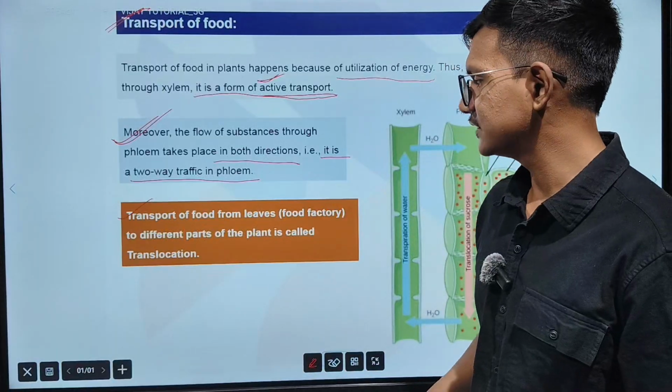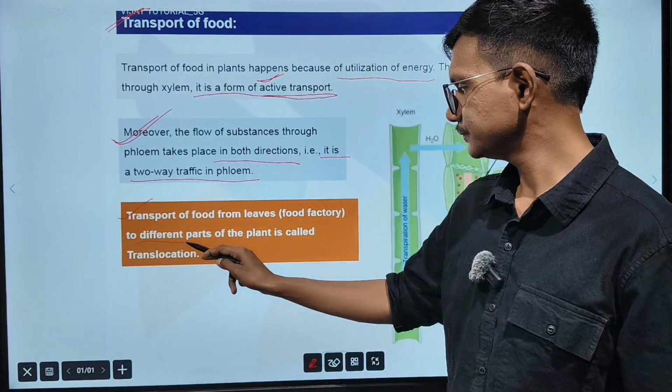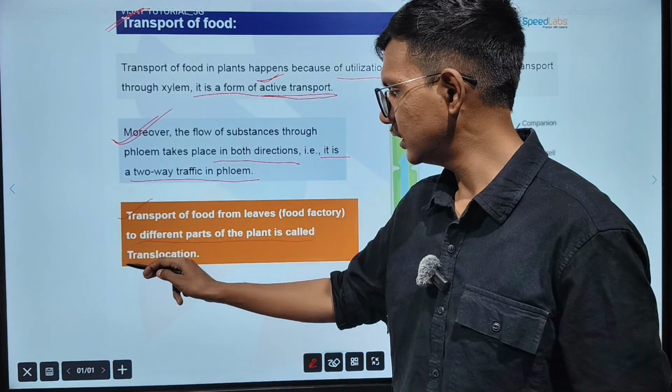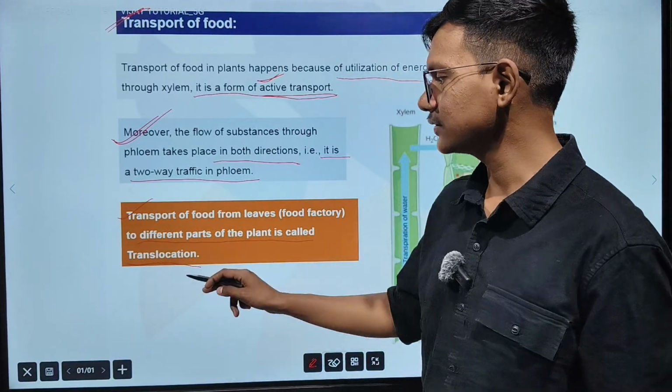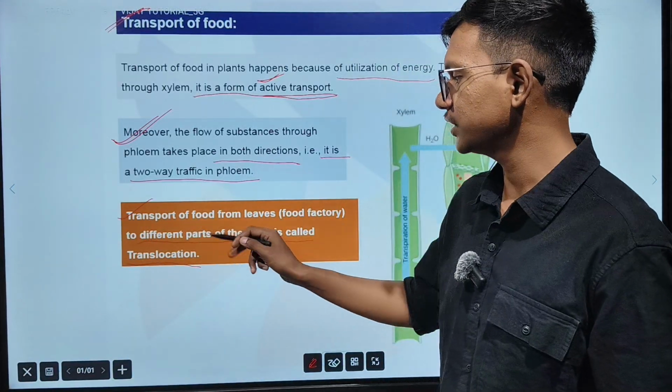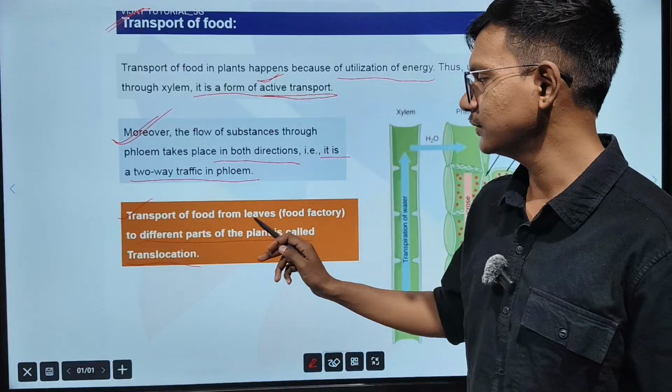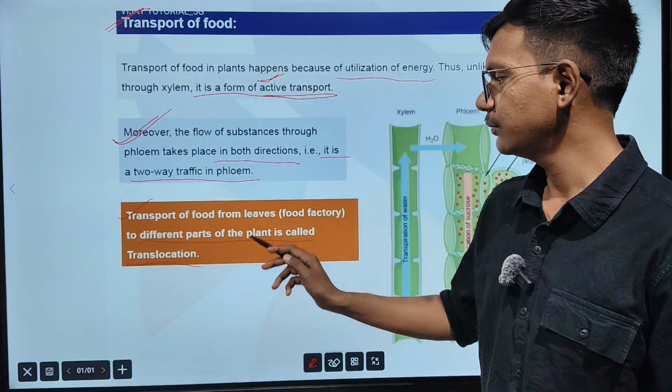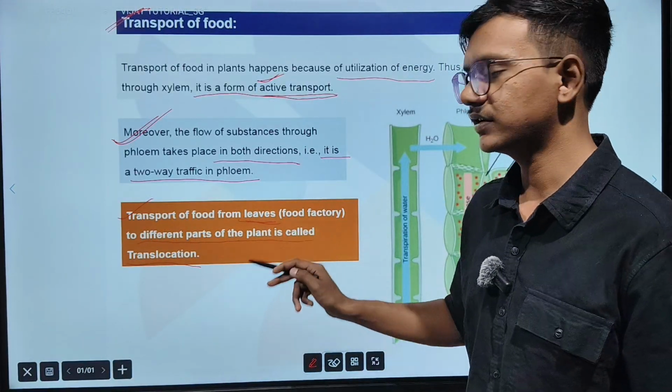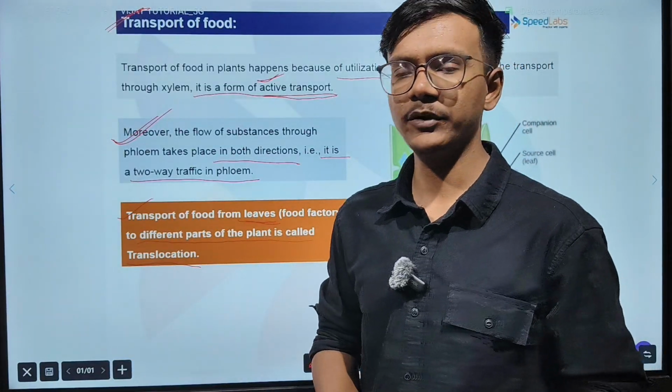Transport of food from leaves to different parts of the plant is called translocation. So translocation is a process in which food is transported from the leaf to the different parts of the plant, because the leaf is considered the food factory where photosynthesis is happening.